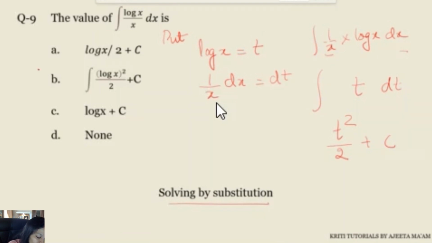We get option B as the answer if we put in place of t, simply log x raised to 2 upon 2. Clear to all? Let's check once again. Yes. Sure. Shall we move to the next?